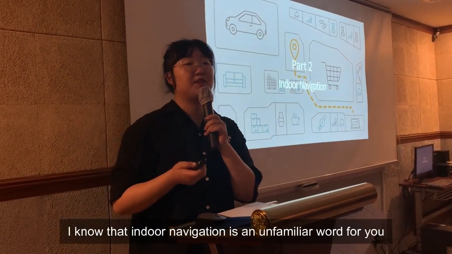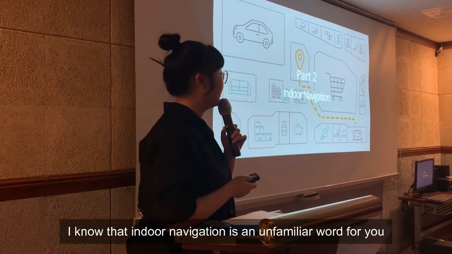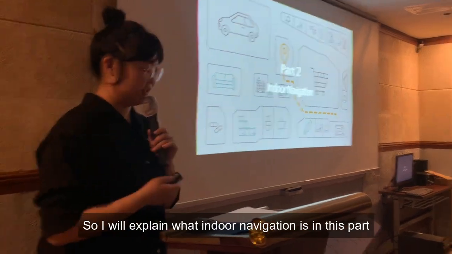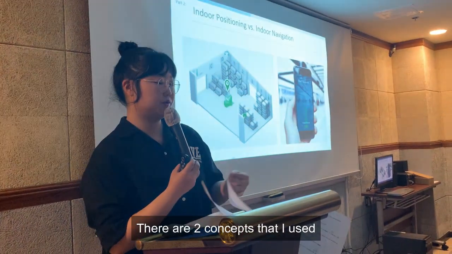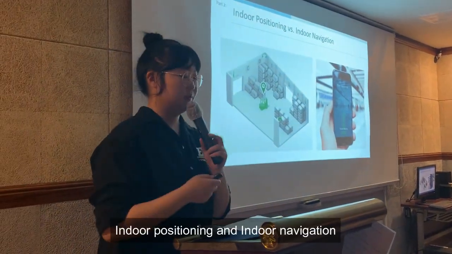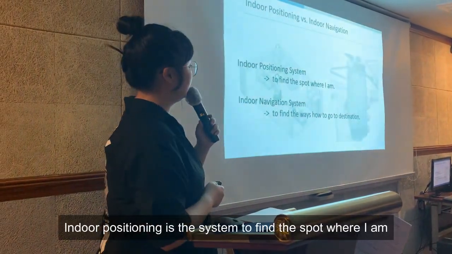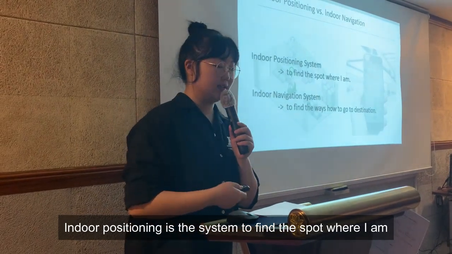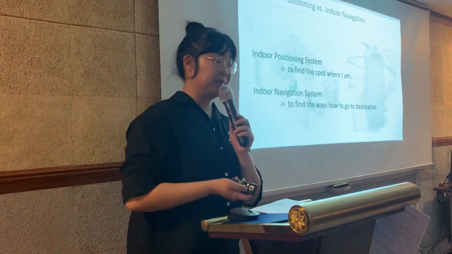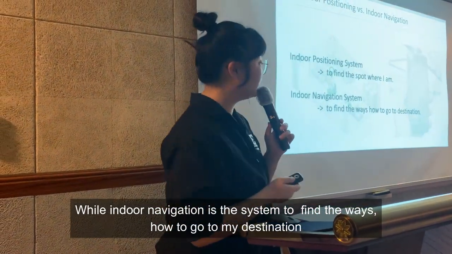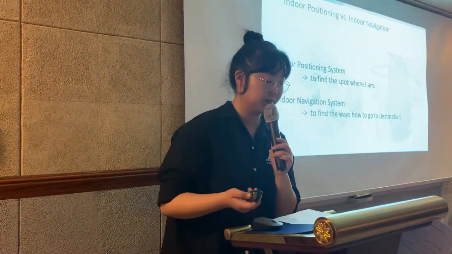The second content is indoor navigation. I know that indoor navigation is an unfamiliar word for you, so I will explain what indoor navigation is in this part. There are two concepts that I use: indoor positioning and indoor navigation. Indoor positioning is the system to find the spot where I am, while indoor navigation is a system to find the way to go to my destination.